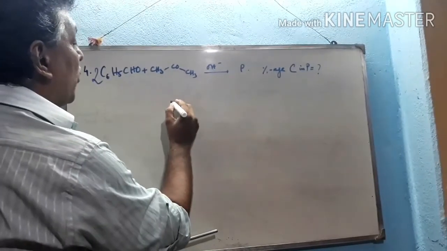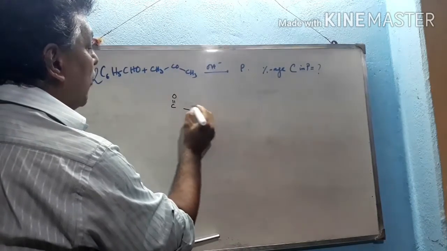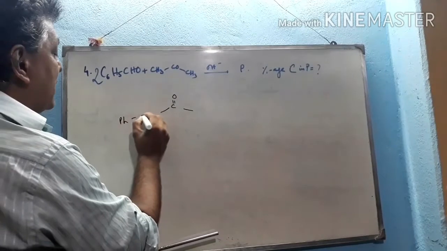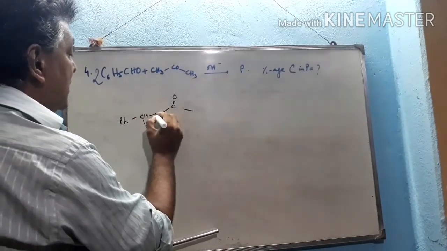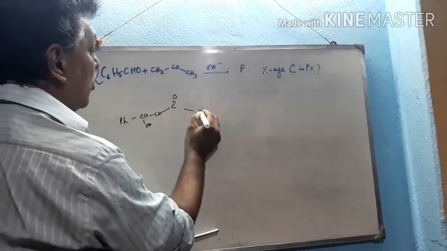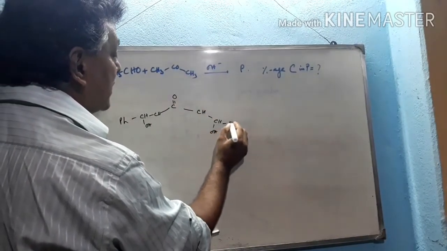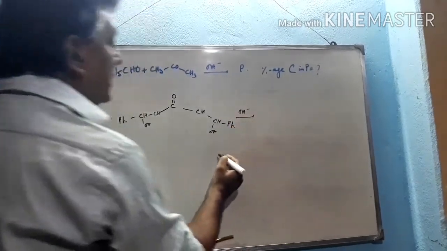So the first product will be PhCH(OH)CH2COCH2CH(OH)Ph, and in presence of alkali, dehydration takes place.